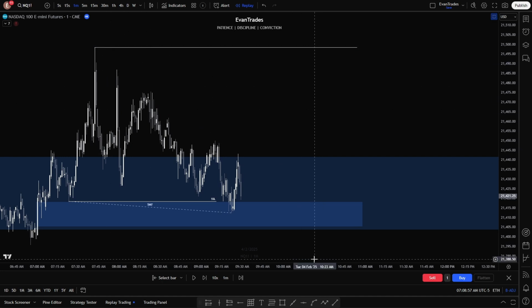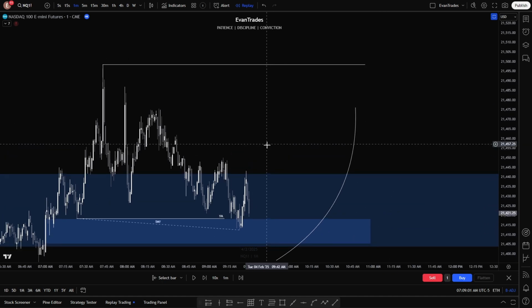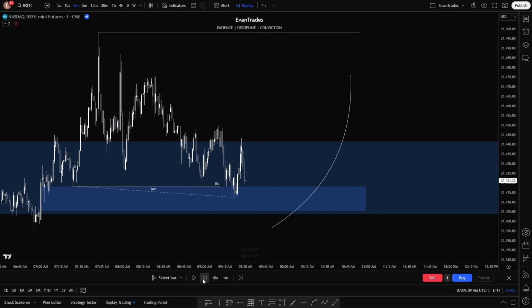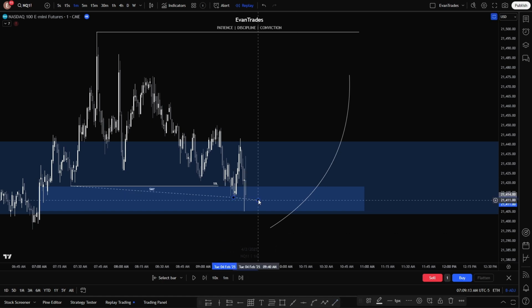Generated highs, potential market maker buy model, and aligns with both higher time frame models. So now everything is aligned. Now we're just waiting for a potential setup. We swept the internal low, morning manipulation, possibly.